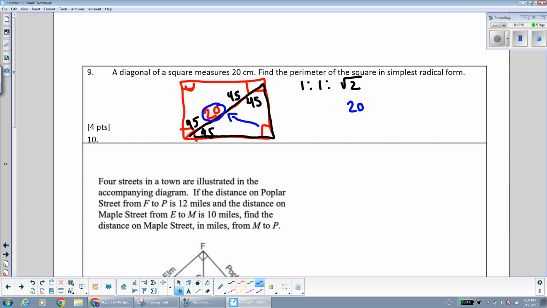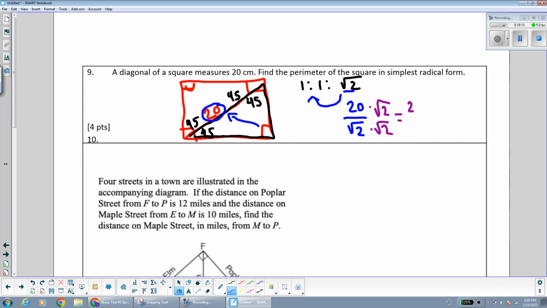So to get from the hypotenuse to the legs, we have to divide by radical 2. So I'm going to take 20 and I'm going to divide it by radical 2. Now remember, we can't leave a radical in the denominator, so I'm going to rationalize the denominator by multiplying the top and the bottom by the radical that we want to get rid of from the denominator.